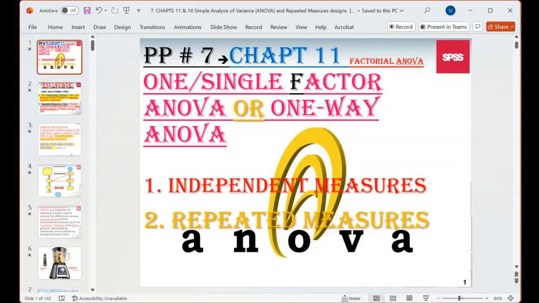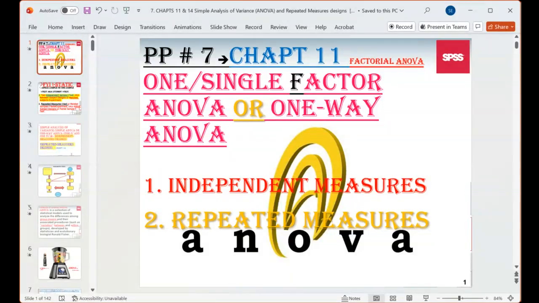So without any further delay, let's get into this chapter and finish our basic stats. Next time, hopefully next semester, when you take the advanced stats, we're going to review what we talked about this semester, and we will pick up from what we left.